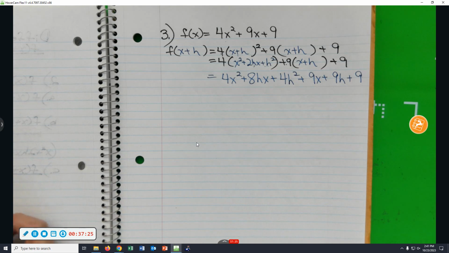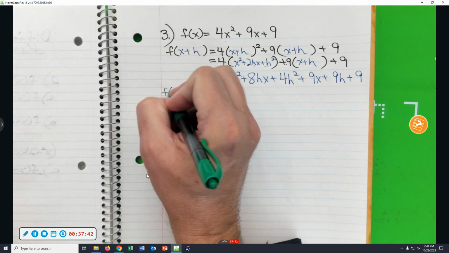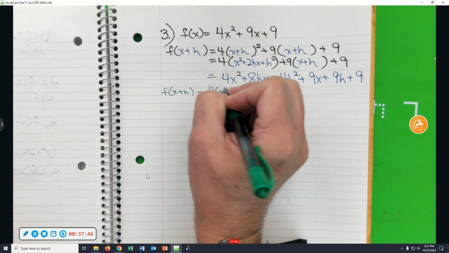I have a desire to circle that, but we're not typing that in. And that's a good thing, that they're not asking you to break up each part, because otherwise you've got to type all of this stuff in, which sort of slows it down. Now, we want f of x plus h, what we just found, minus f of x.